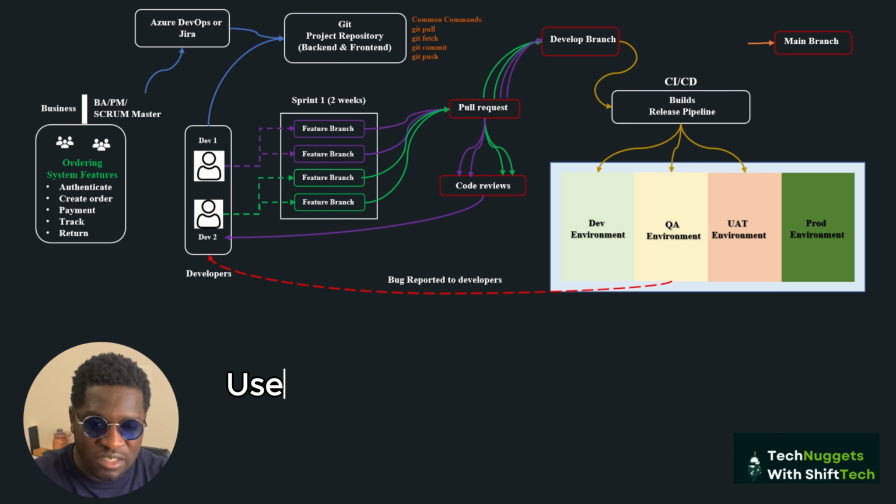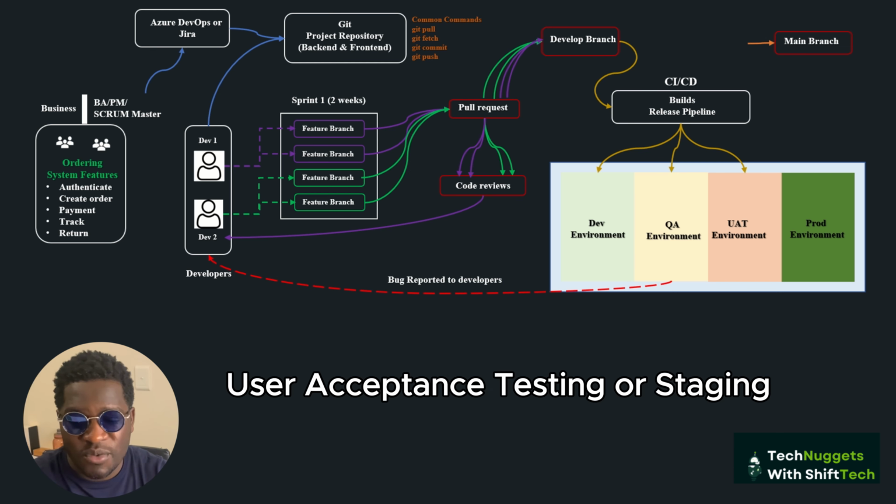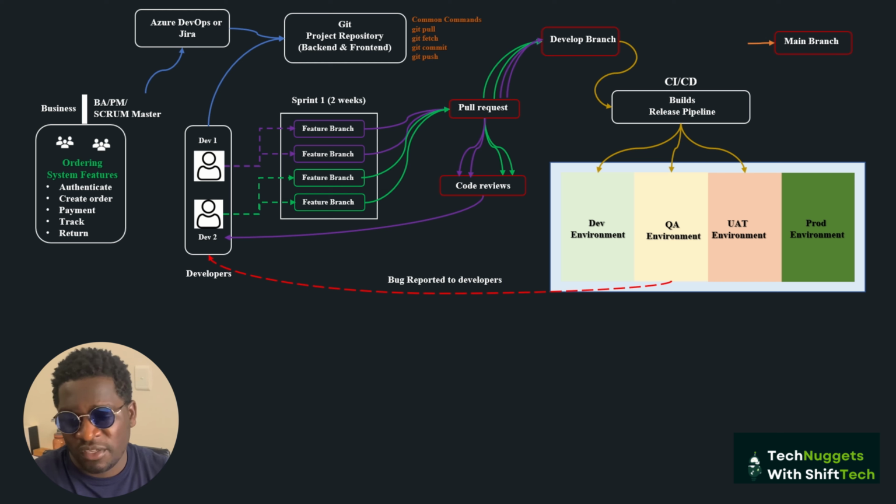Some call it a UAT, some call it a staging environment. For me, any naming is fine, because what you just need to know is why it is there. This environment is there so that you can do a demo for your client, or make them play around with what you've developed so far, so that they're happy.